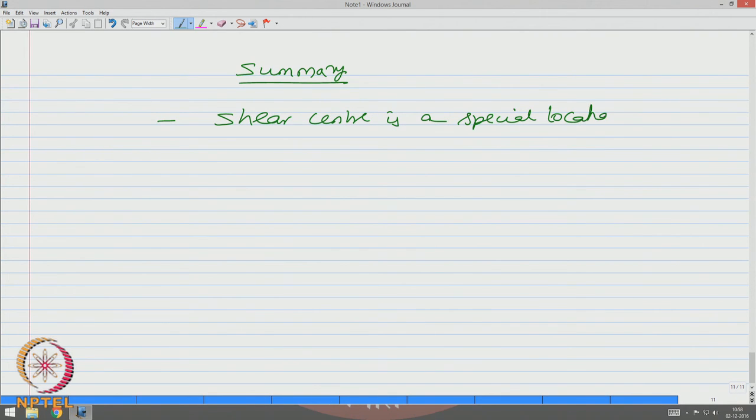So, friends, let us look at the summary. Shear center is a special location of the cross section. It lies on the axis of symmetry.